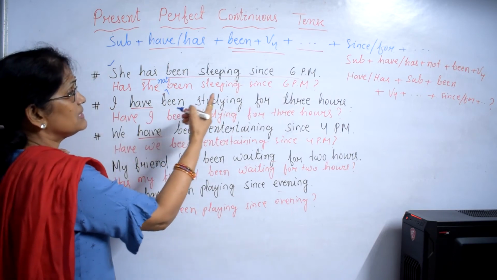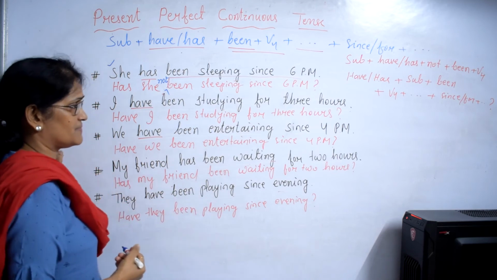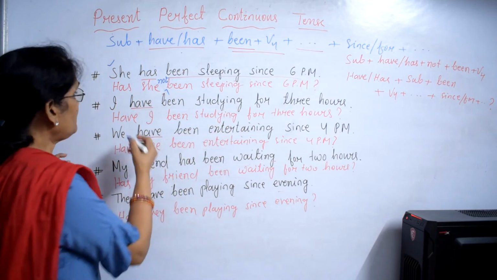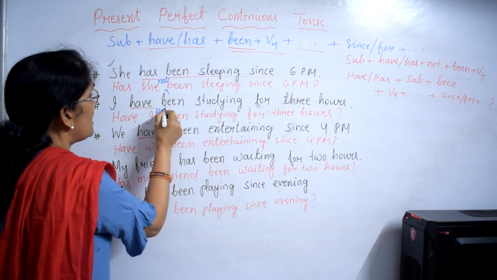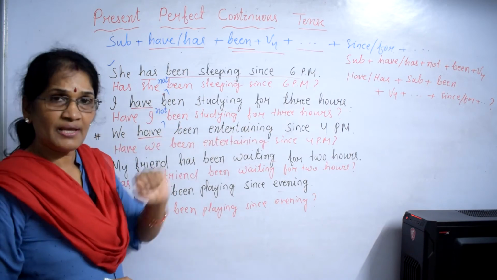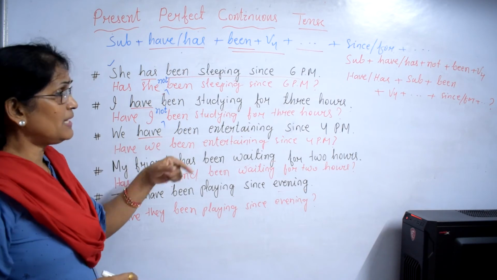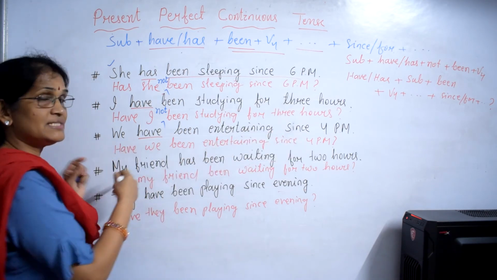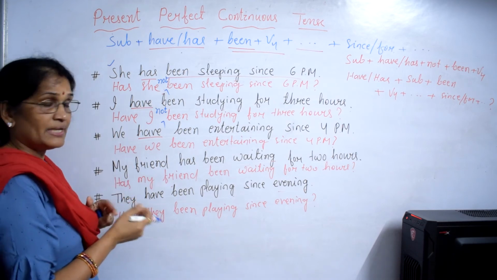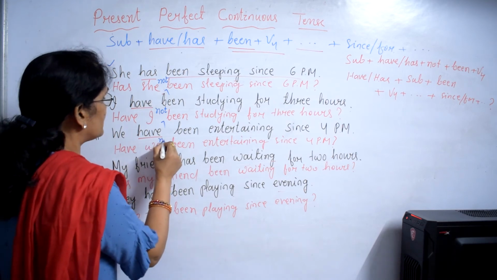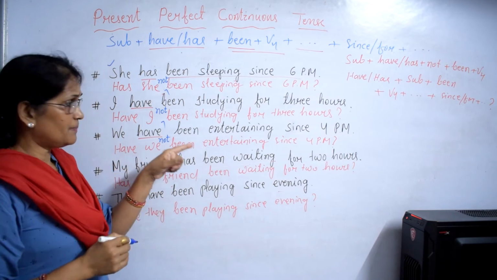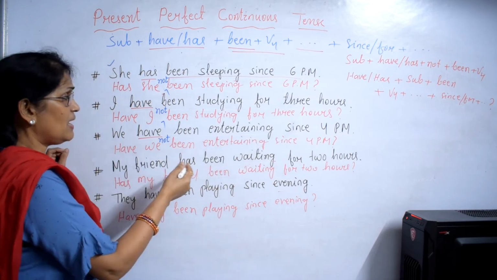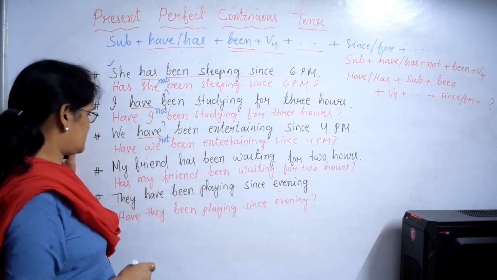I have been studying for 3 hours. Have I been? This is interrogative. Negative interrogative: Have I not been studying for 3 hours? We have been entertaining since 4 p.m. Have we been? This is interrogative. Negative interrogative: Have we not been entertaining since 4 p.m.? My friend has been waiting for 2 hours.